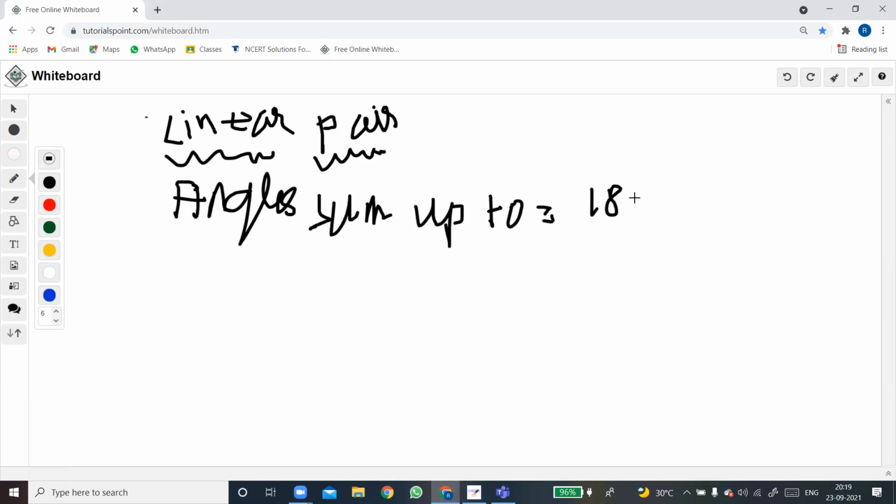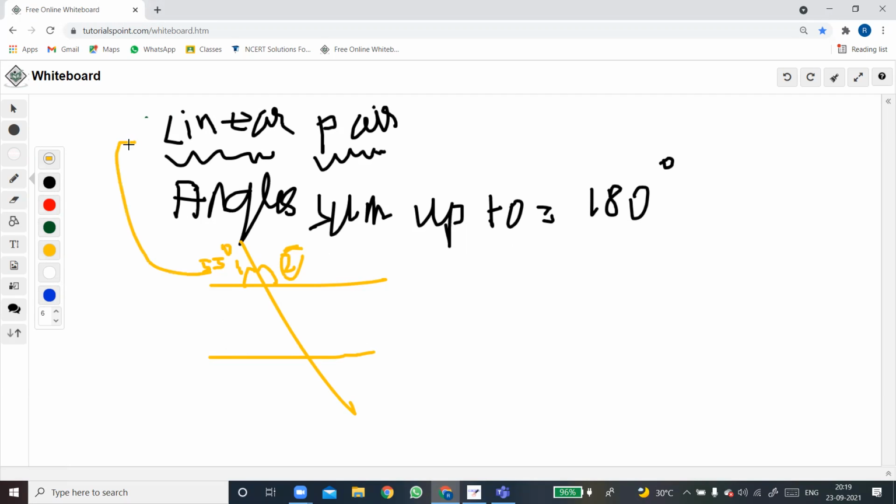For example, if I have a transversal over here, with angle 1 and angle 2, and one angle is given as 55 degree and they're asking you to find angle 2, how will you find it? By using the linear pair property.